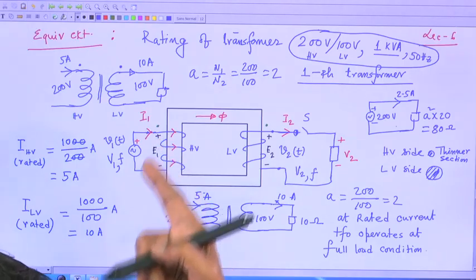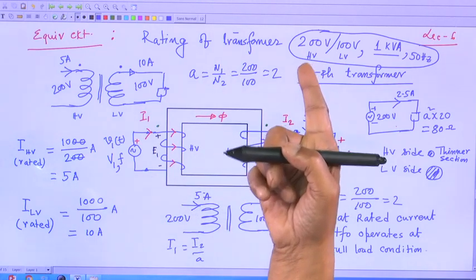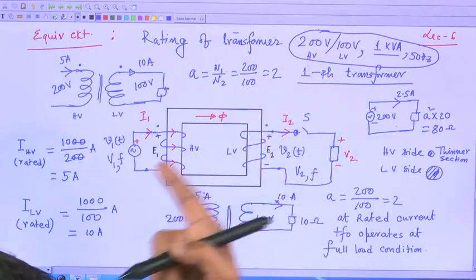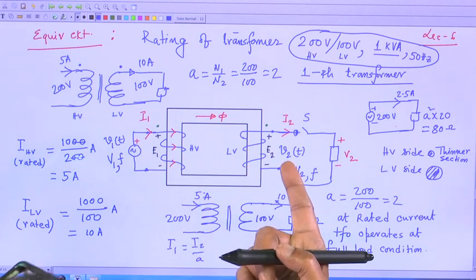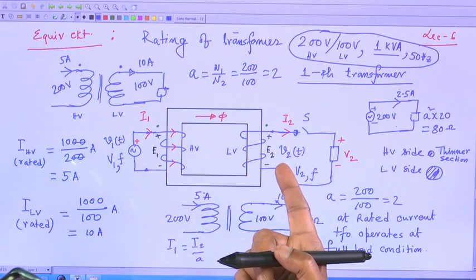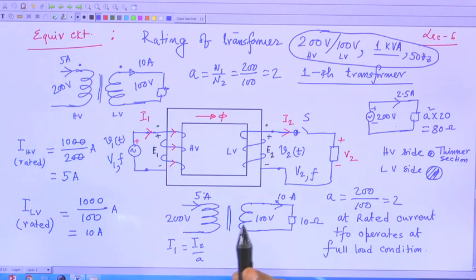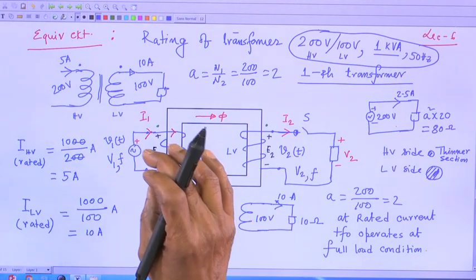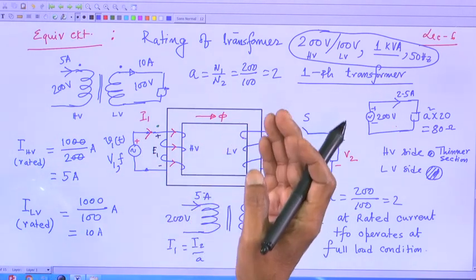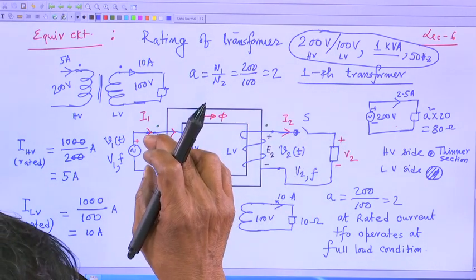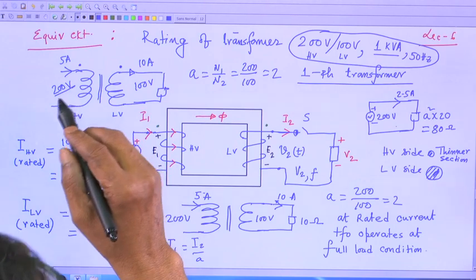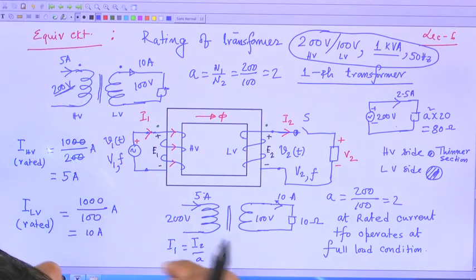On the HV side, if you apply 100 volt instead of 200 volt, on this side you will get 50 volt. That you are allowed to do, because you should not exceed the rated voltage of the windings. You should not apply on the HV side a voltage greater than 200 volt; less than 200 volt you can apply, no problem.